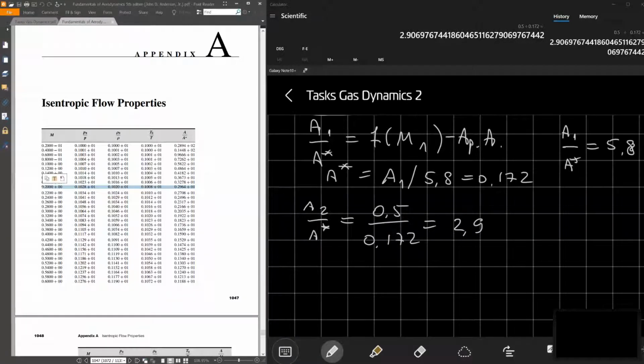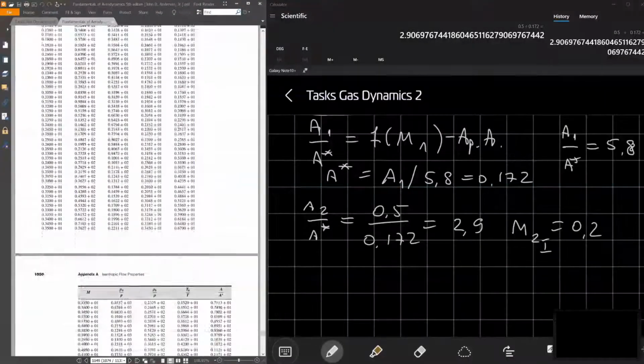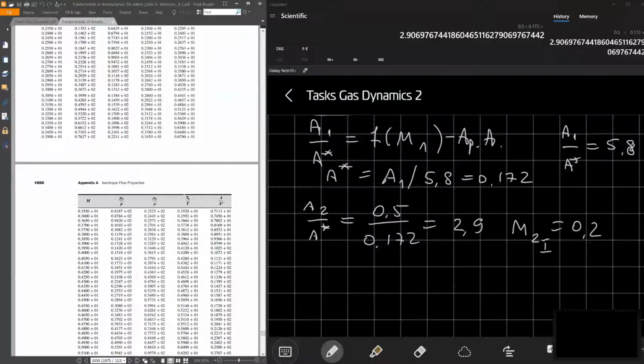And I will see that in this case Mach number will be equal to 0.2. So M2, the first solution or subsonic solution, would be 0.2. And the second, supersonic solution, I will look at the end of the appendix where the Mach number is supersonic.